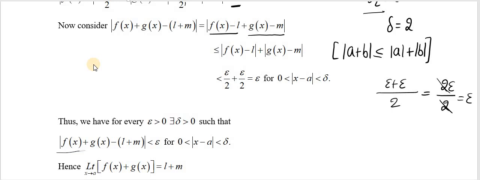Observe, this is the definition of the limit of a function. Then limit of this equals L plus m. Therefore, we can prove that limit as x tends to a of f of x plus g of x equals L plus m.